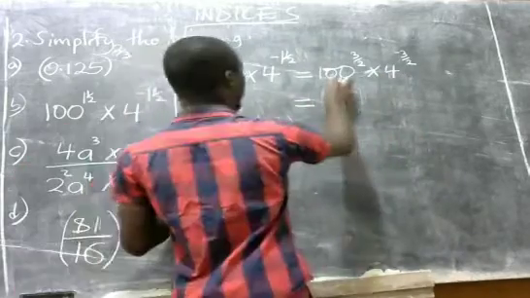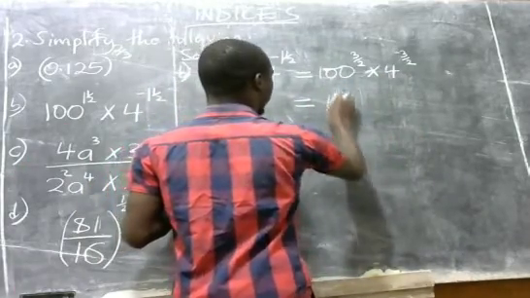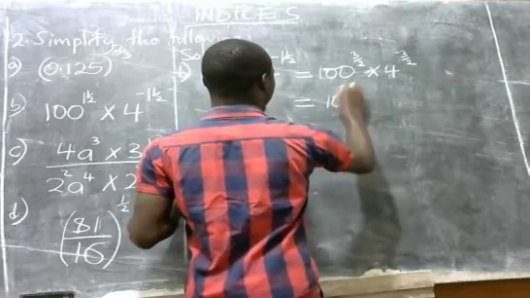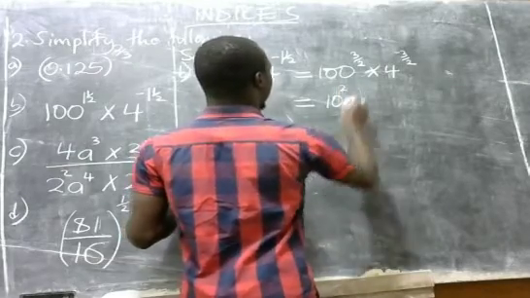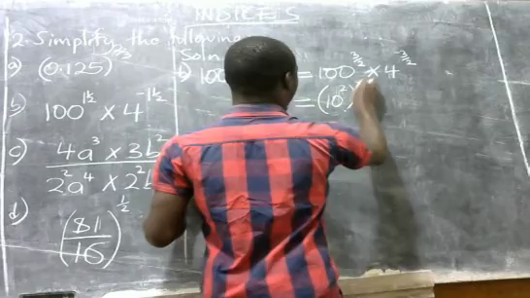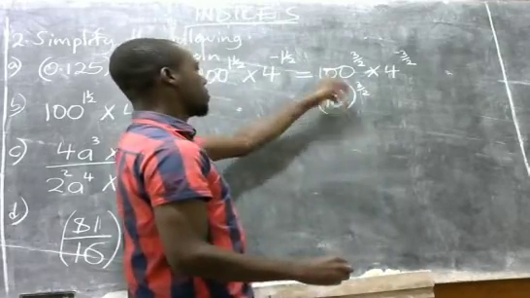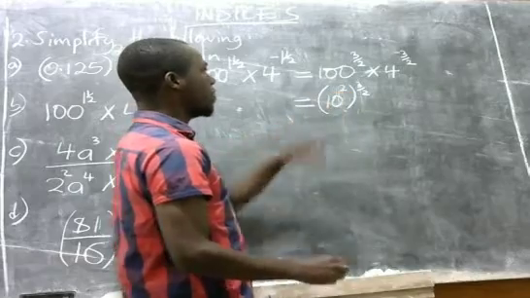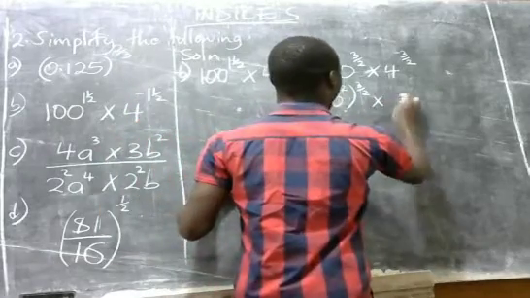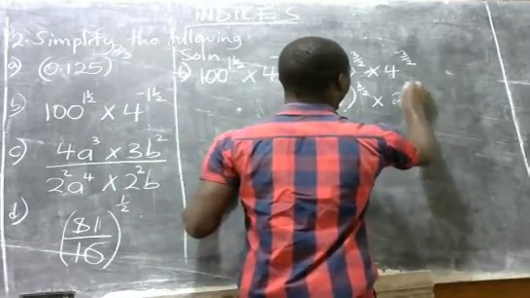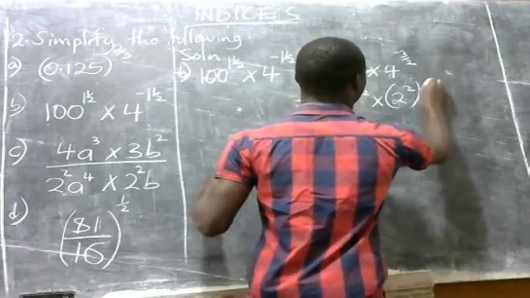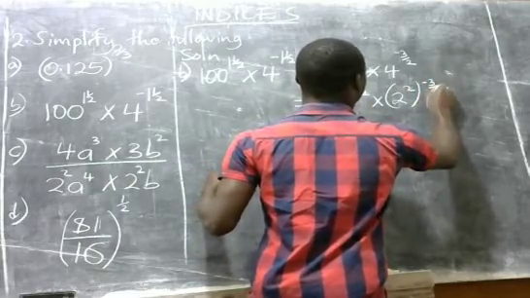Then times the 4 to the power negative 3 all over 2. Now this 100 here is the same as 10 squared. So the power outside there, I'm creating the brackets because the 100 is now becoming 10 squared. Then times 2 squared power negative 3 all over 2.